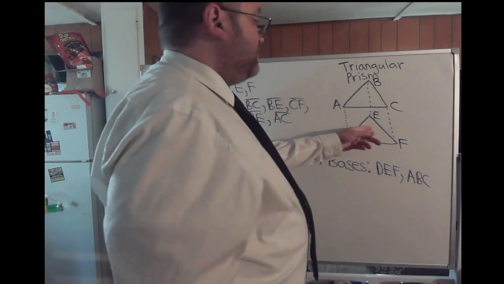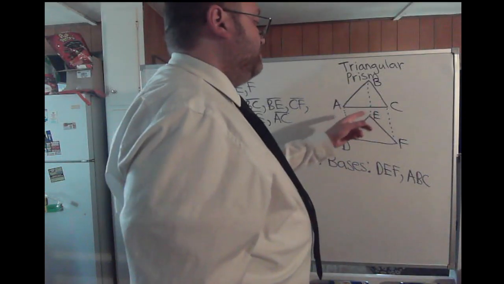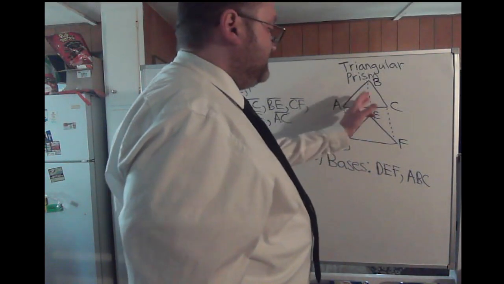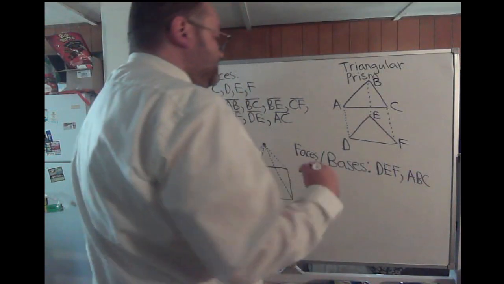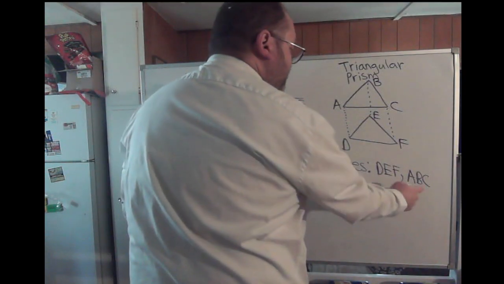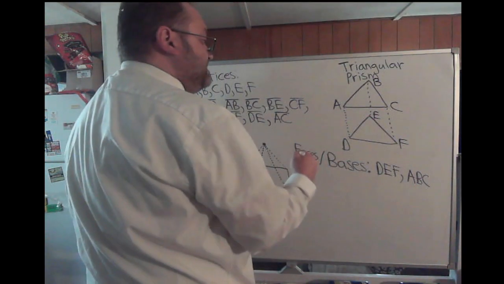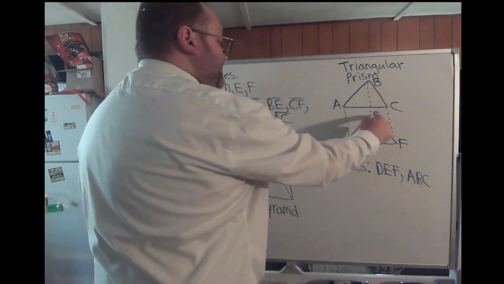Your bases are your foundation, your triangles. Your faces are the shapes that go around the sides of the triangle. So we got our bases D, E, F and A, B, C, but we also have faces such as A, B, E, D.